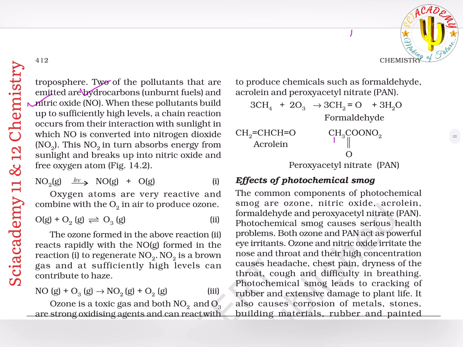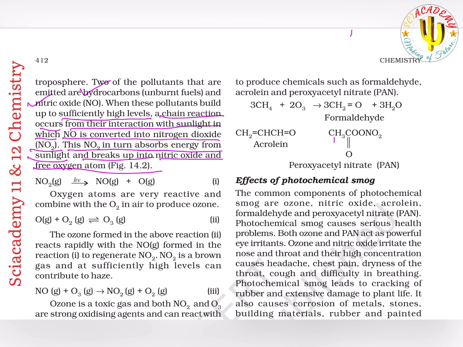When these pollutants build up to sufficiently high levels, a chain reaction occurs from their interaction with sunlight, in which nitric oxide is converted into nitrogen dioxide. This nitrogen dioxide, NO2, in turn absorbs energy from sunlight and breaks up into nitric oxide and free oxygen atoms.